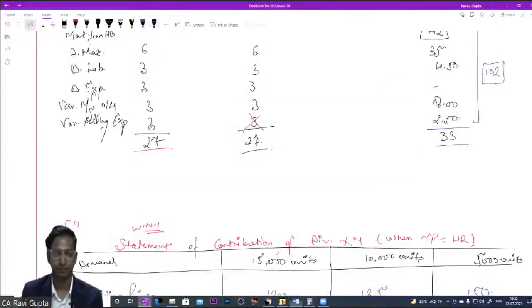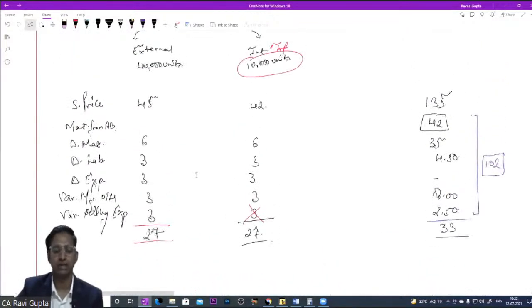Okay. What is the variable cost? Variable cost is 6 rupees, 3 rupees, this 3 rupees, this 3 rupees. So 6 plus 3, 9, plus 3, 12, plus 3, 15 rupees.